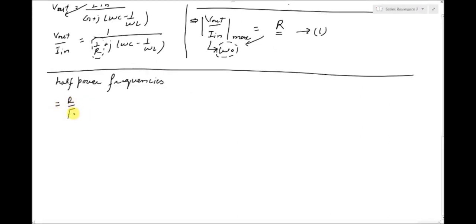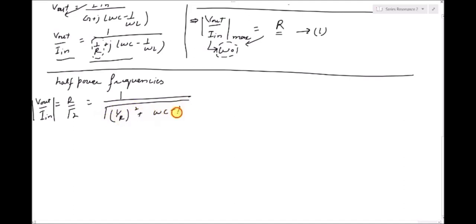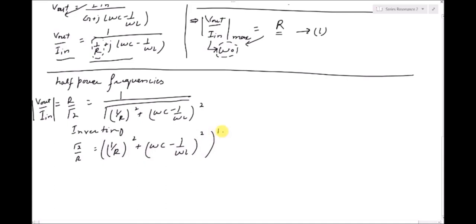R over root 2 is equal to the magnitude of Vout over Iin, and from here we know that Vout over Iin is 1 over the square root of (1 over R) squared plus (omega C minus 1 over omega L) squared. So after inverting, root 2 over R equals the square root of (1 over R) squared plus (omega C minus 1 over omega L) squared.